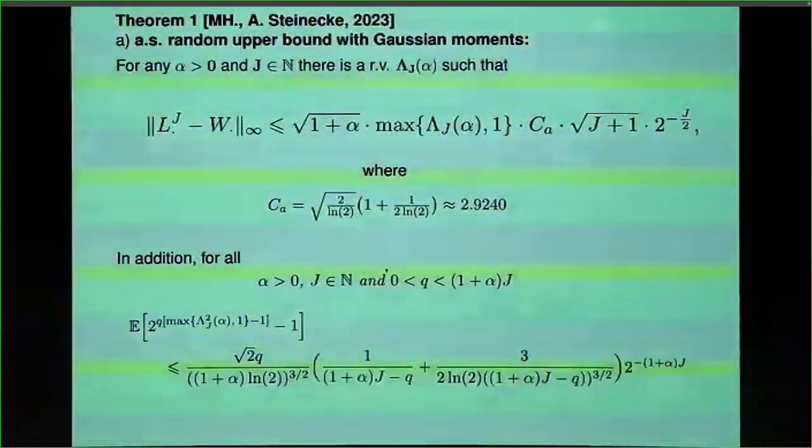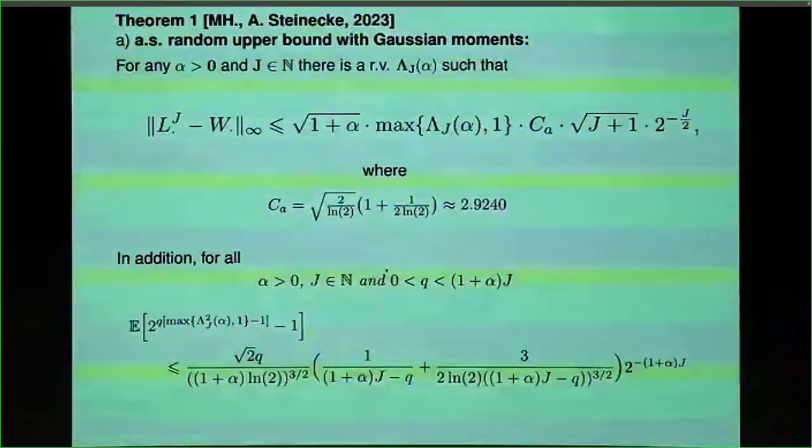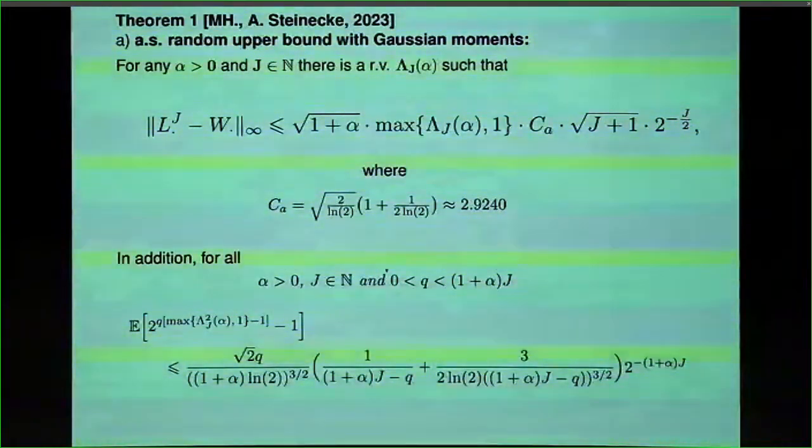Typically what you know is that there is some kind of random variable, but you don't know the moments, and now we can calculate all the moments. And we have this kind of rate, which is the square root of j plus 1, times 2 to the minus j half. The deterministic part is rather classical. What is not so classical are the moments of the random variable which you have here.